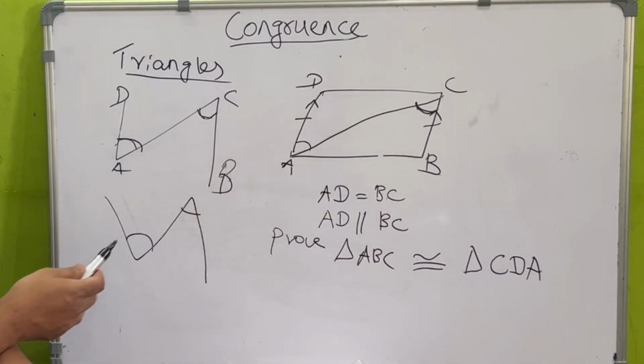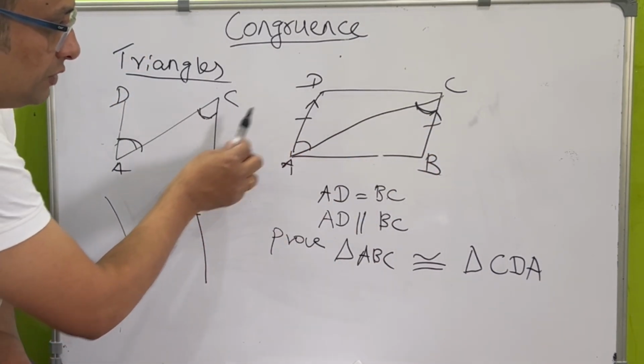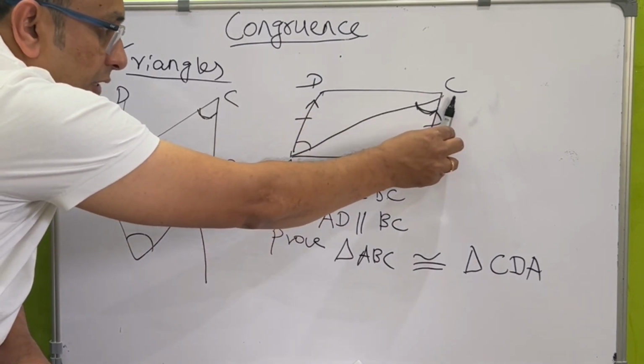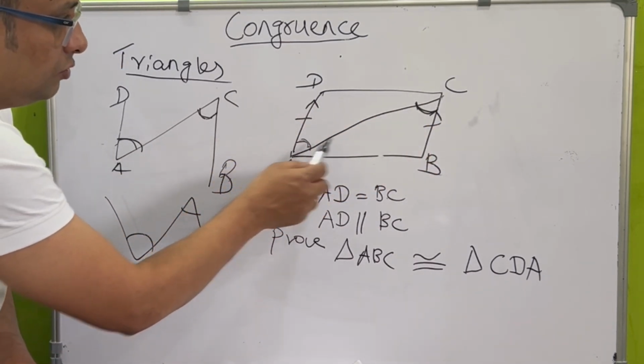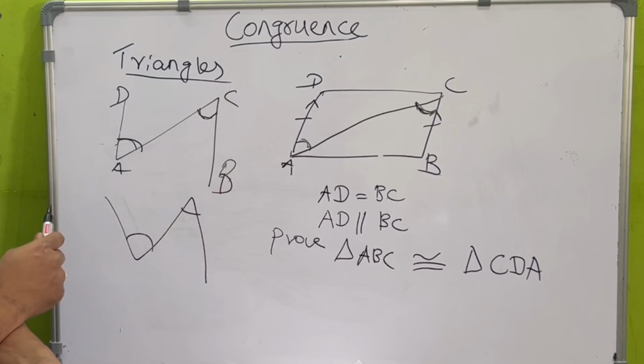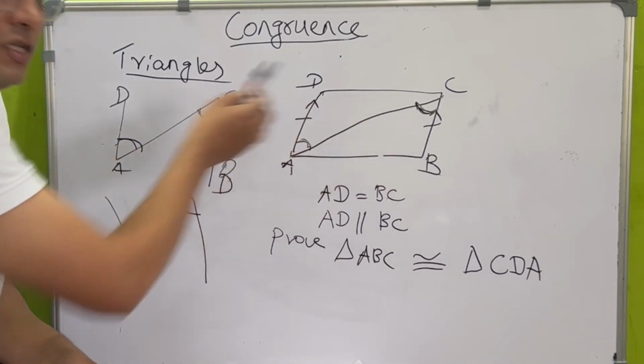Now they are already given AD is equal to BC, and the angles are also equal. So AC remains common here.